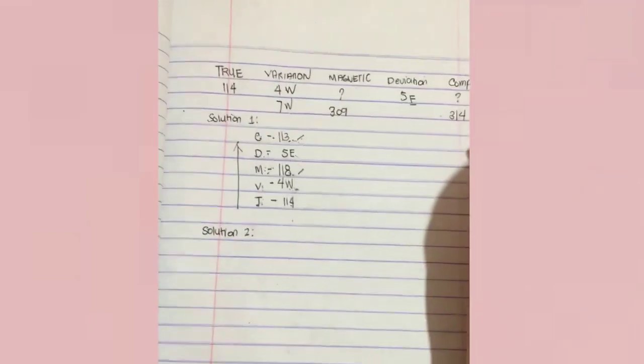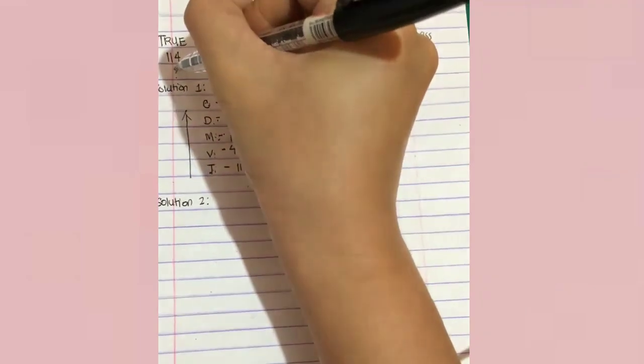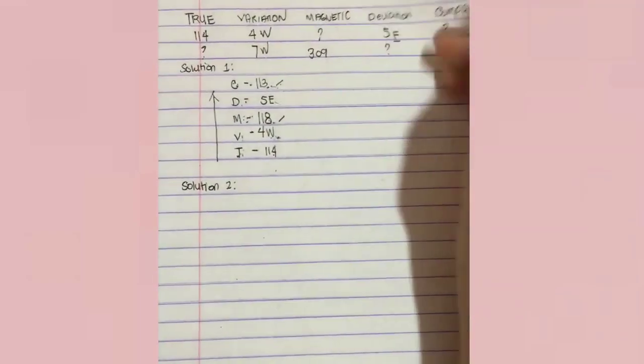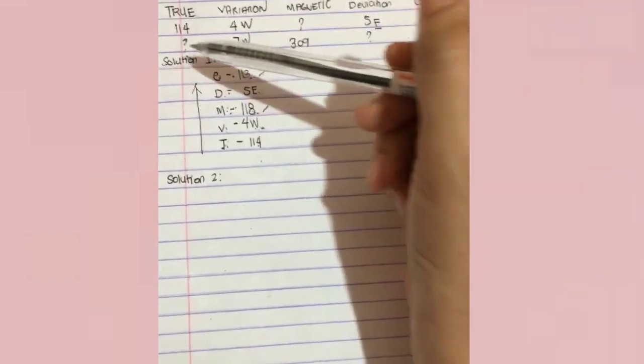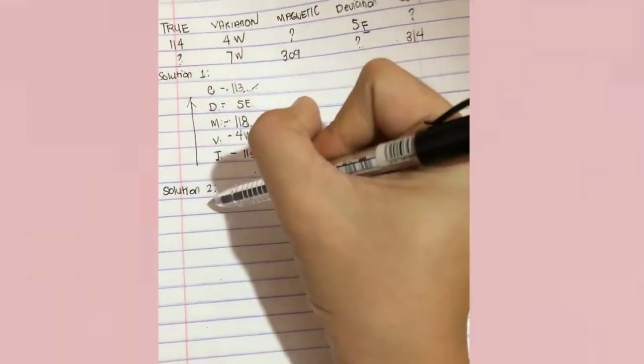So the missing are the true north and the deviation. We should use the CDMVT calculation in order for us to get the true north and the deviation. So let's start.